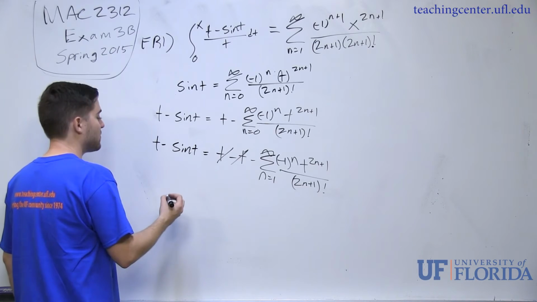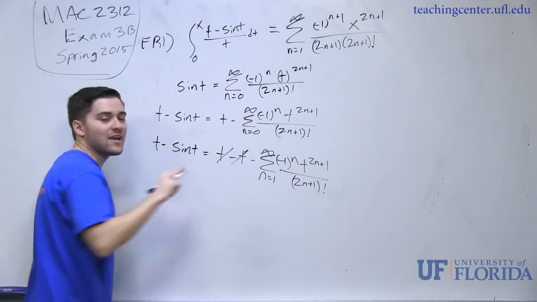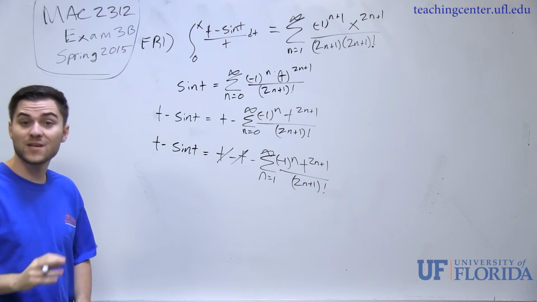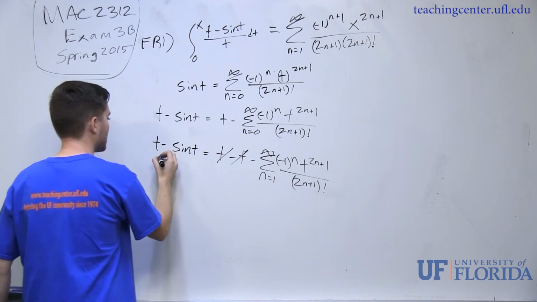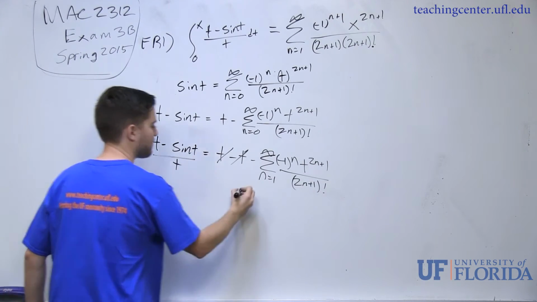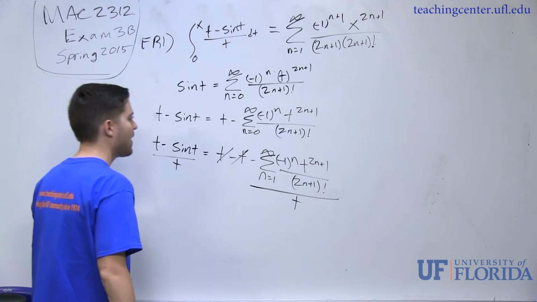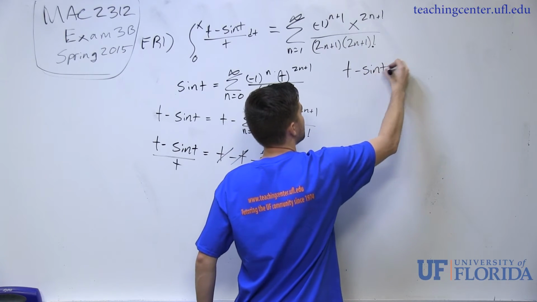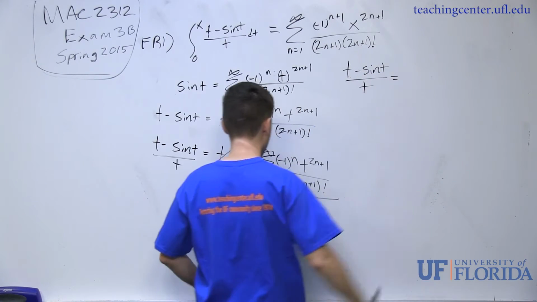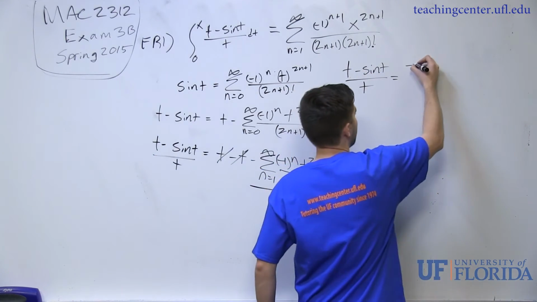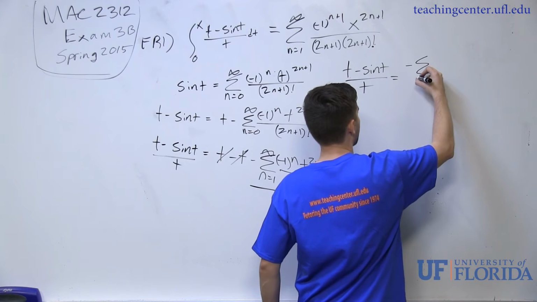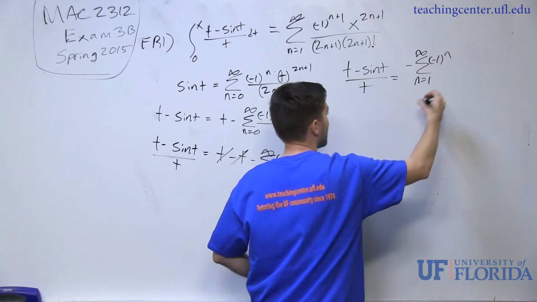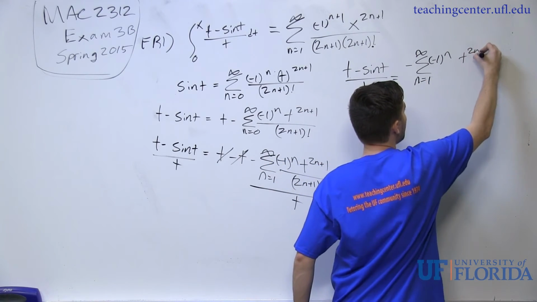The next step is to divide by t, because I want everything in my integrand before I apply the integration. I don't want to miss any terms, because that could throw my answer off. So I'm going to divide by t on both sides. The new expression I get is t minus sine of t over t equals negative the sum from n equals 1 to infinity of negative 1 to the n, t to the 2n.